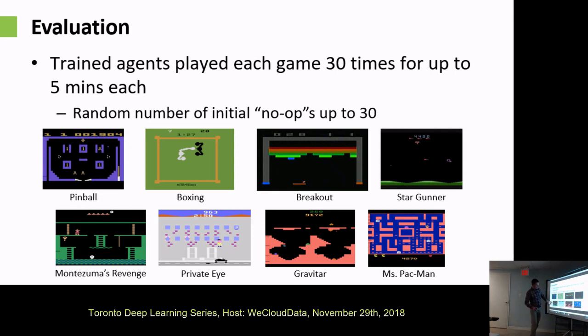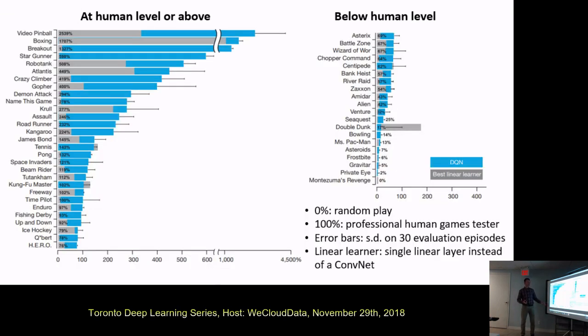And the ones at the bottom are where the agent had the hardest time. Probably the most famous, or notorious, is Montezuma's Revenge, where it got 0%. So it didn't do better than random play.